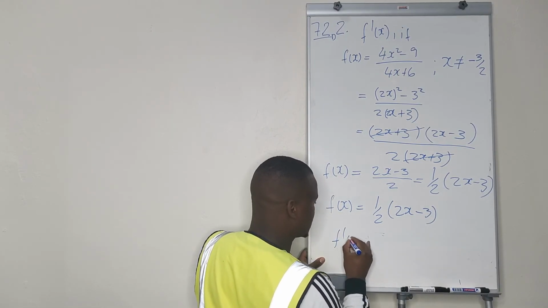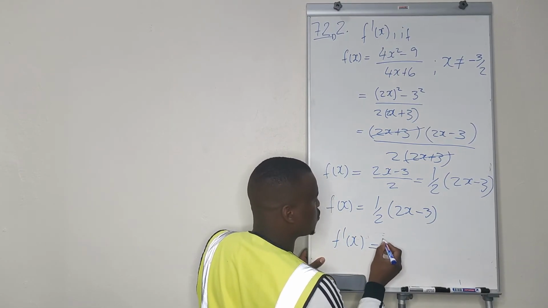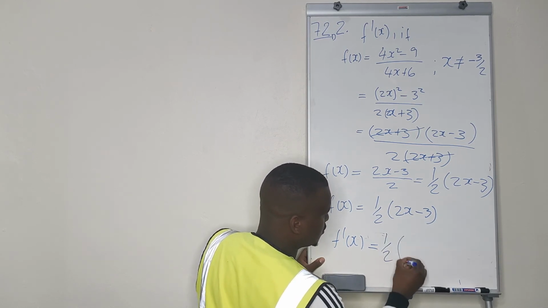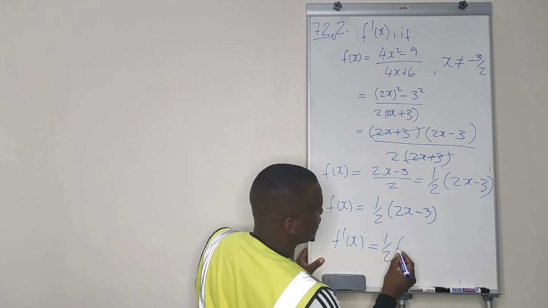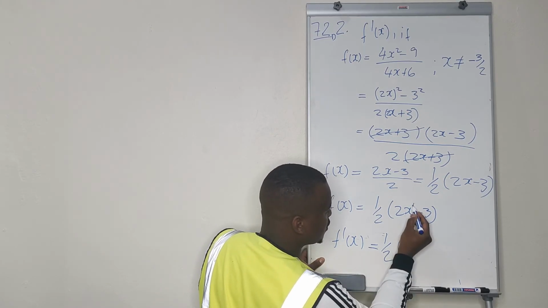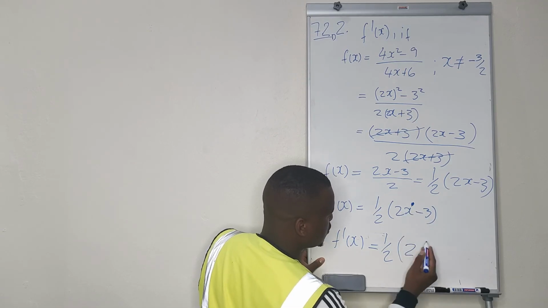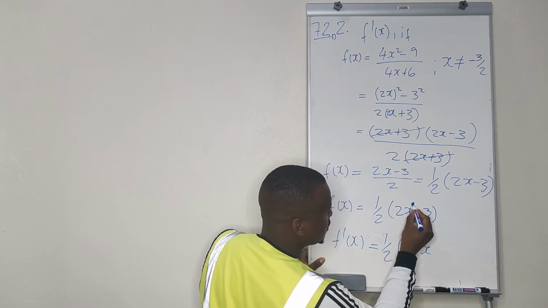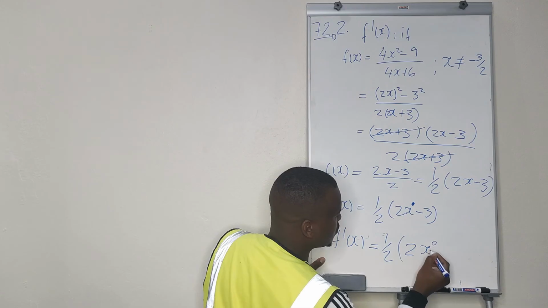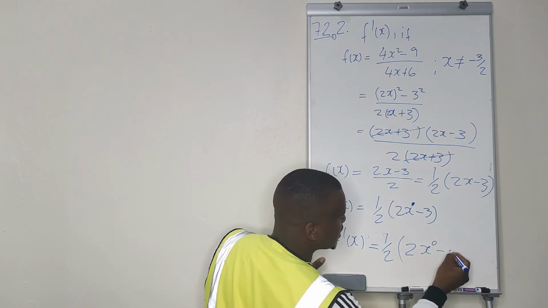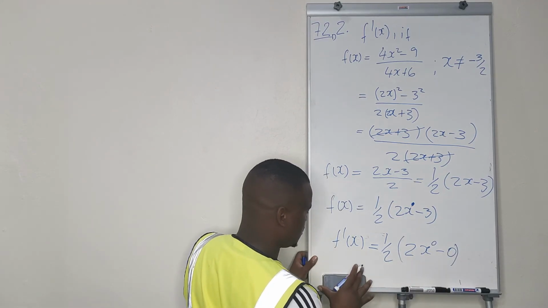So f prime at x, which is the derivative at x, is equal to the derivative of this. So it's 1 over 2. Derivative of this is 2, because it's going to be 1 at the top times 2. 1 here times 2, which is 2, times x to the power 1 minus 1, which is 0. The derivative of a constant is 0, right?